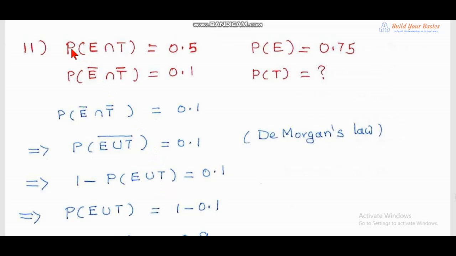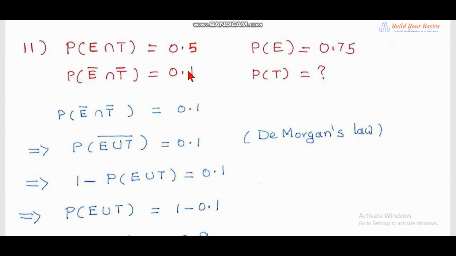Given probability of E intersection T is 0.5. That is the probability of passing in both English and Tamil. Then the probability of passing in neither of the subjects, that is probability of E bar intersection T bar, the student doesn't pass in English and doesn't pass in Tamil, is 0.1, given.